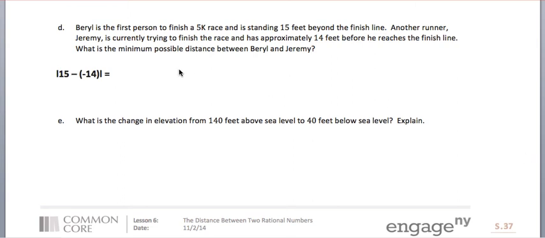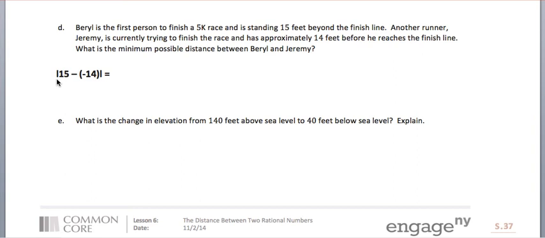And so in setting up our problem, Beryl, who is standing 15 feet beyond the finish line, would be a positive 15 because he has finished and is that much further, where Jeremy has 14 feet before he reaches the finish line is a negative 14.